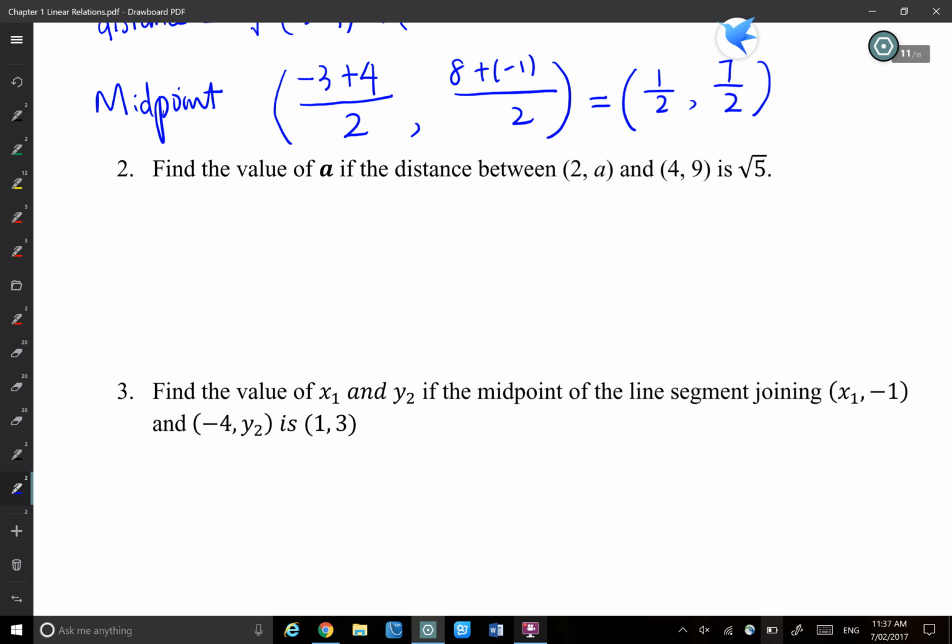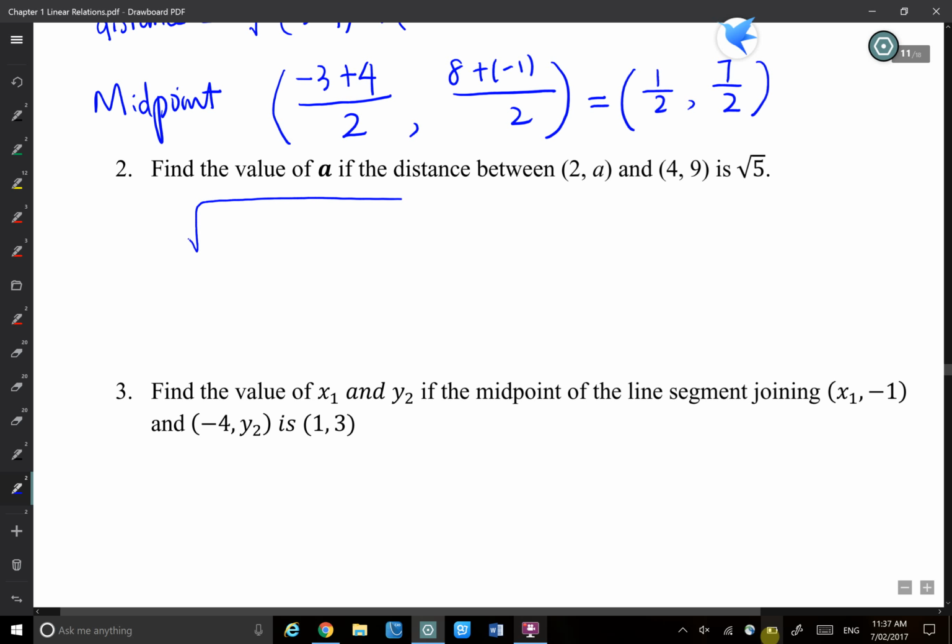The distance is the square root of, subtracting the x values, 4 minus 2, squared, plus, I say that's x2 and that's y2, 9 minus A, squared, and that equals square root 5.